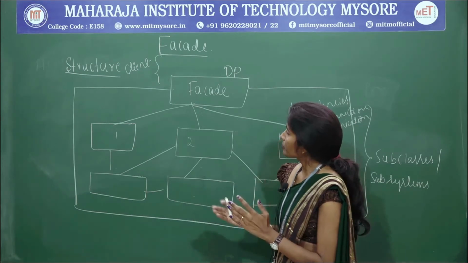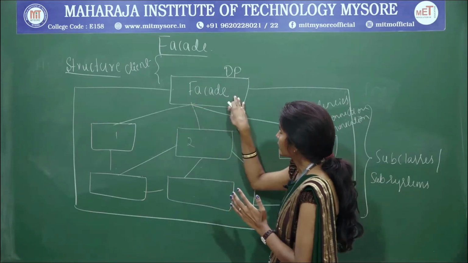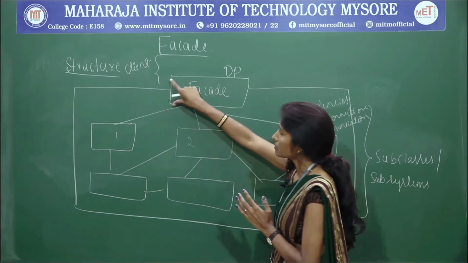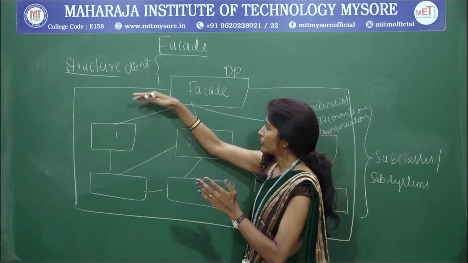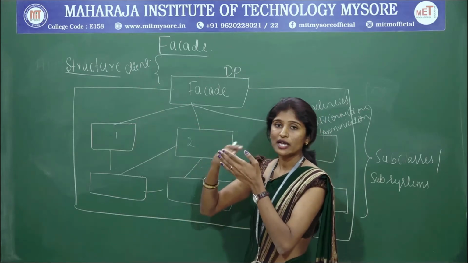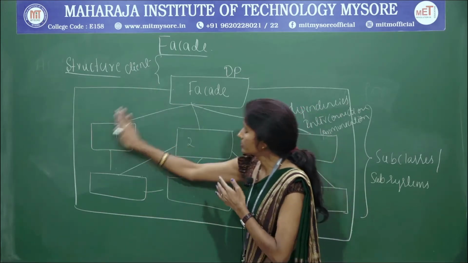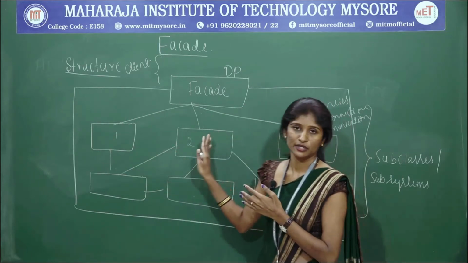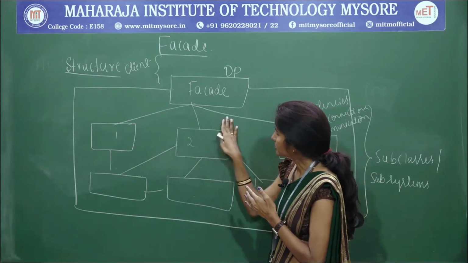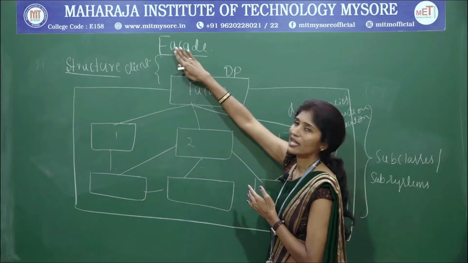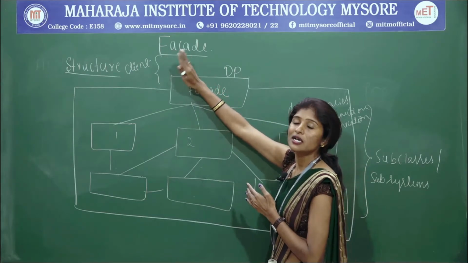So if you provide a unified interface, which is going to be a layer, that layer covers all the subsystems that are present. All the subsystems are not visible to the client systems, meaning client classes.